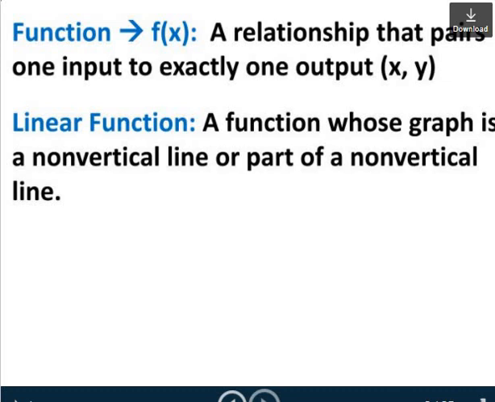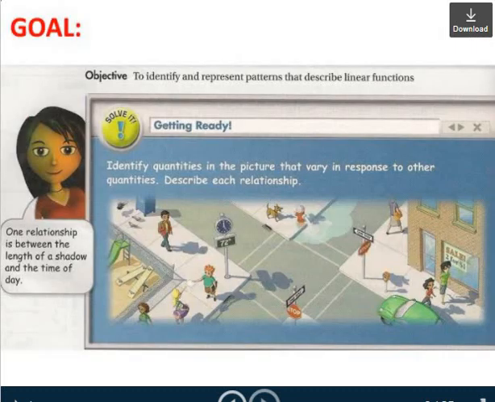Now, a linear function is a function whose graph is a non-vertical line or part of a non-vertical line. So a linear function is a non-vertical line, okay? Now, the objective of this lesson, which is on page 240, is to identify and represent patterns that describe linear functions.